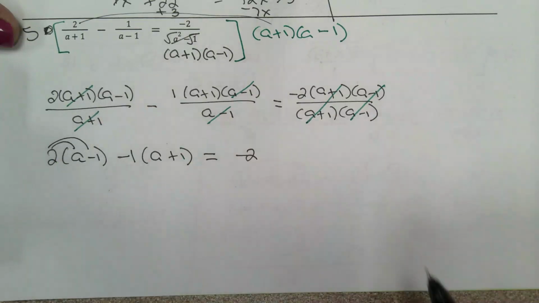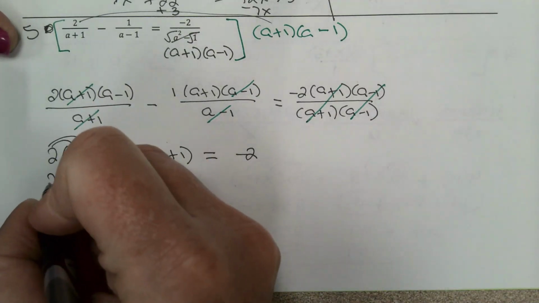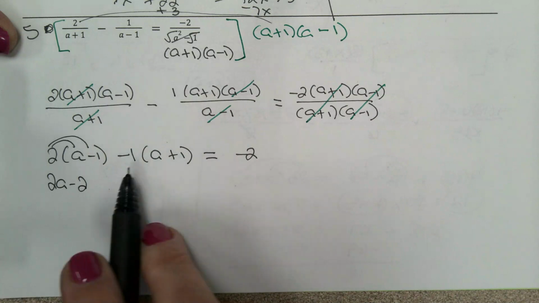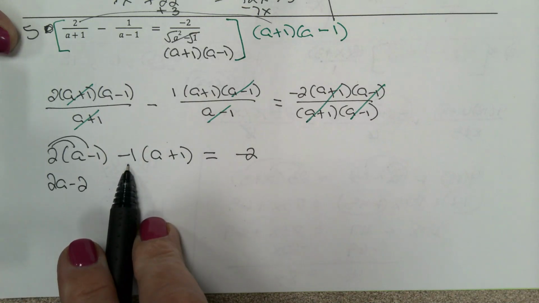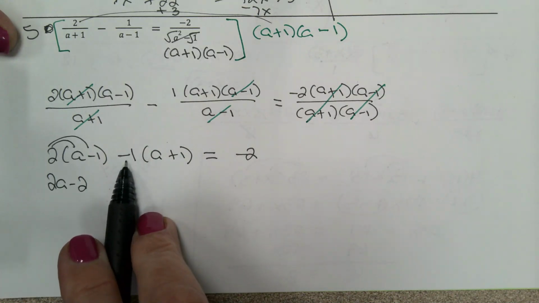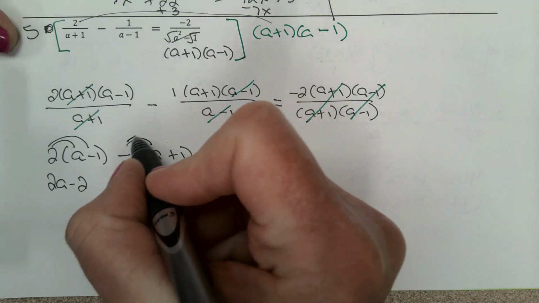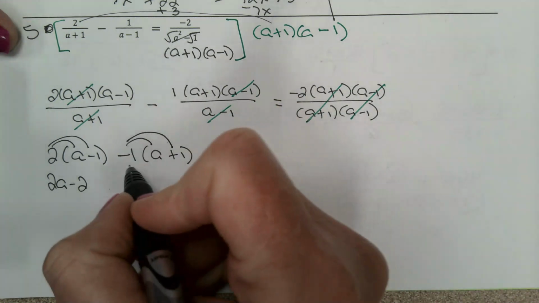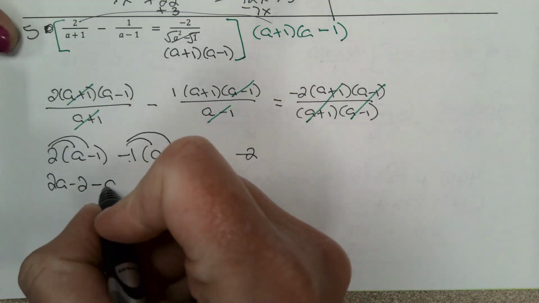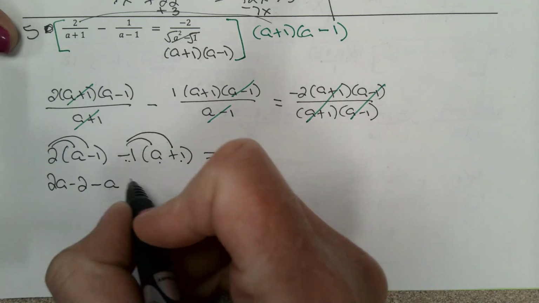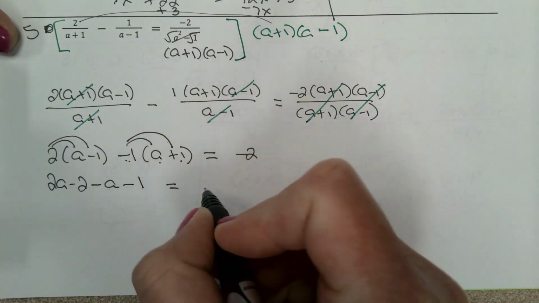I'm going to distribute the 2 to clear my parenthesis and get 2a minus 2. Your subtraction and negatives are the same thing, so I'm distributing negative 1 there. Negative 1 times a is negative a. Negative 1 times positive 1 is negative 1.